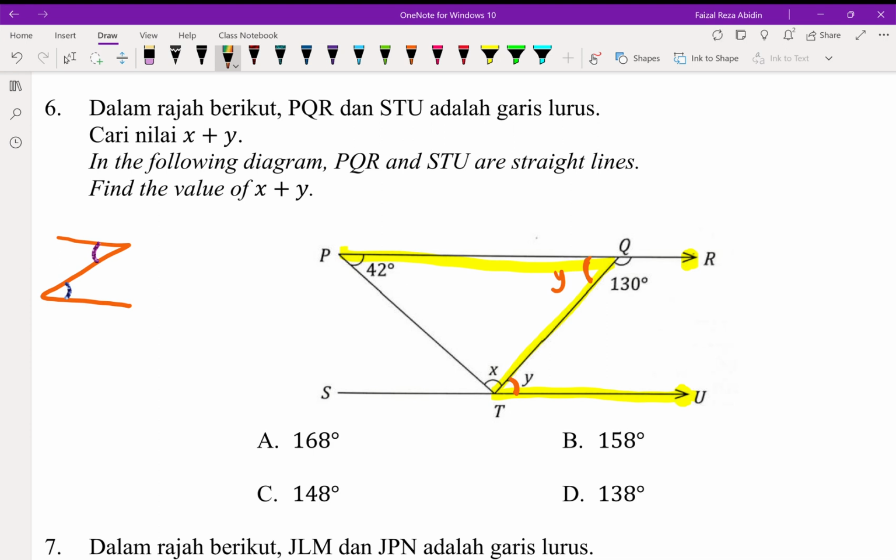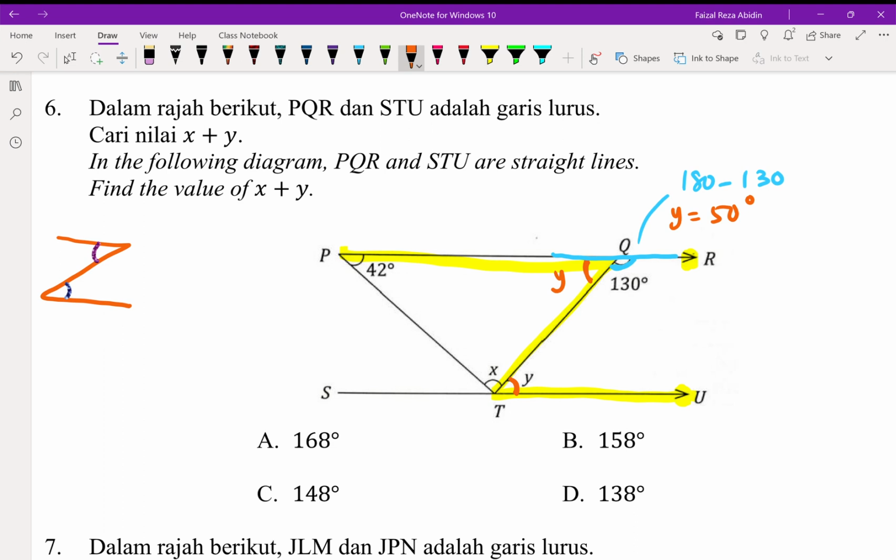No. Because you are going to find the straight line at Q here. This side is 130. Can I find the remaining there? 180 minus 130. Good. So your y here is going to be 50 degrees.